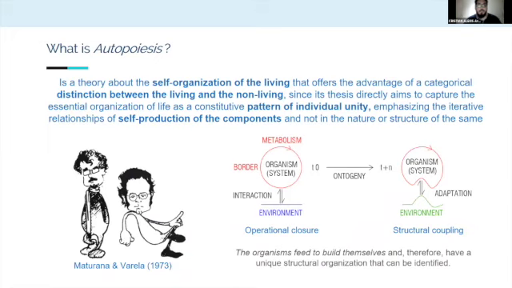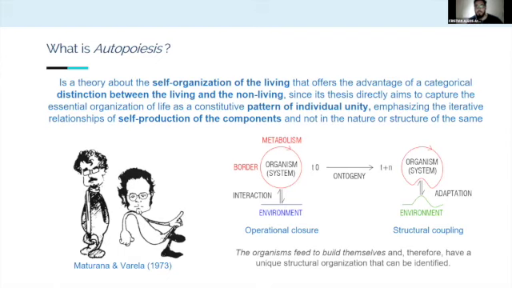It's a theory about the self-organization of living that offers the advantage of a categorical distinction between the living and the non-living. Its thesis directly aims to capture the essential organization of life as a constitutive pattern of individual unity, emphasizing the iterative relations of self-production of the components and not the nature or the structure of the same. This theory was developed in 1973 by two Chilean biologists, Humberto Maturana and Francisco Varela.